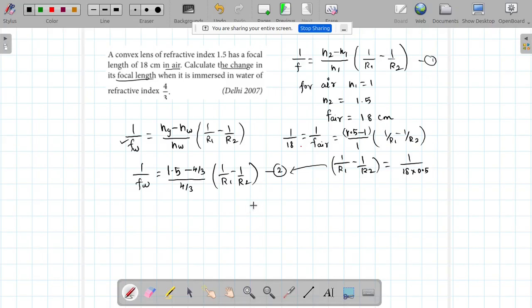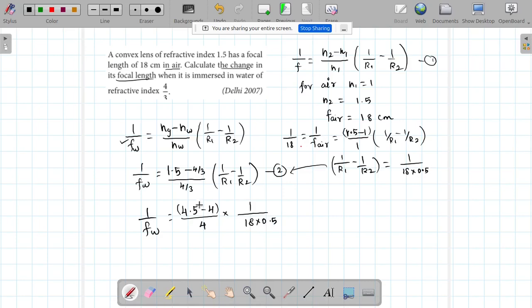You need not divide the values, you just insert: 1 by f water equals, now you just have multiplication. 3 times 1.5 is 4.5. 4.5 minus 4, and the 3 gets cancelled in the denominator. Therefore, you will only get 4 in the denominator, and 18 into 0.5.